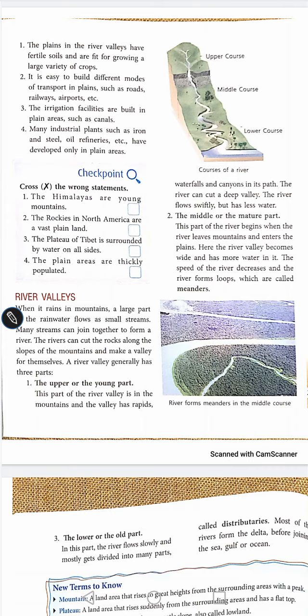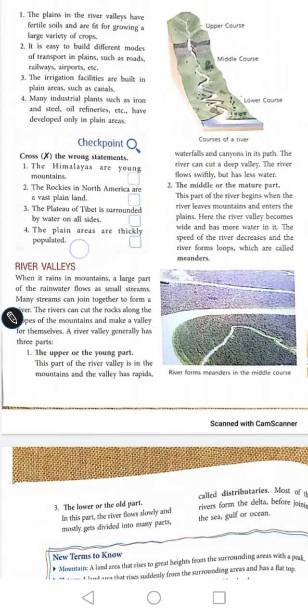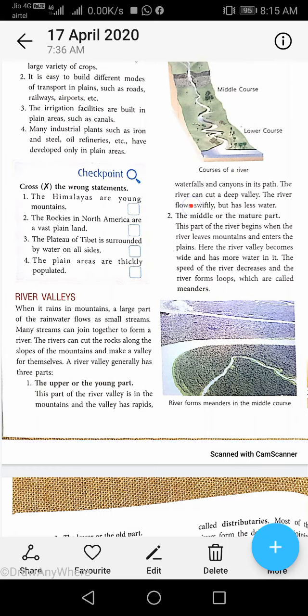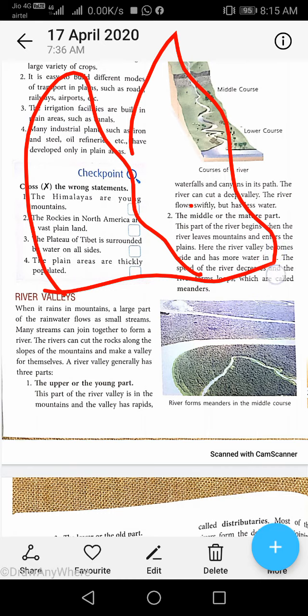Now, river valleys. When it rains in the mountains, a large part of the rainwater flows as small streams. Look, like this we have mountain ranges.